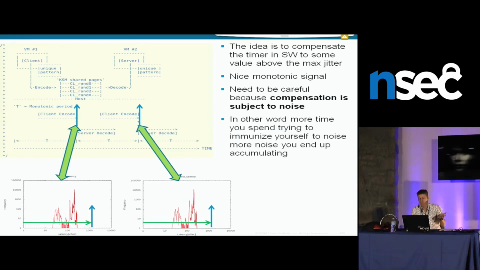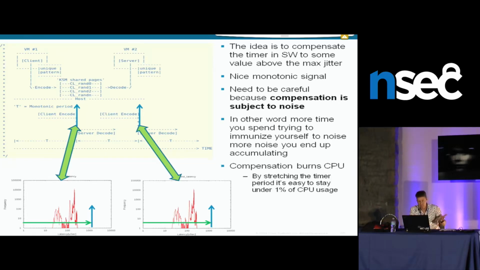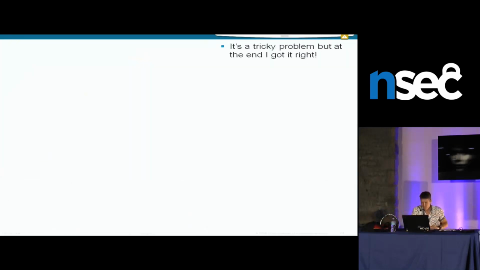In other words, the more time you spend trying to immunize yourself to noise, the more noise you end up accumulating. Obviously, the compensation on its own will burn CPU, but that's fine. All we have to do is stretch the timer period to something bigger, and then we can compensate within it. It's a tricky problem. In the end, I got it right.